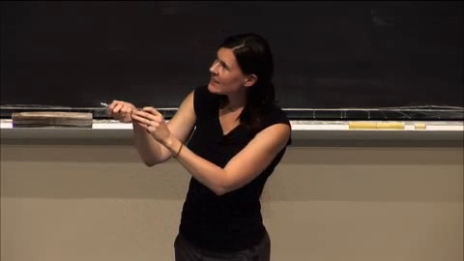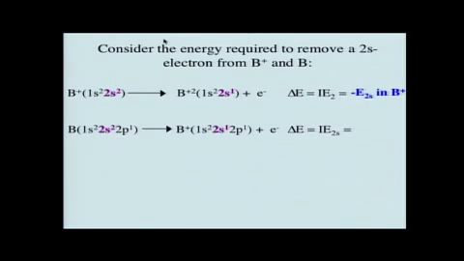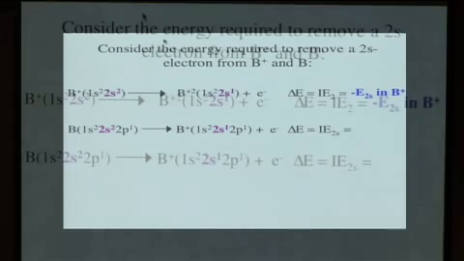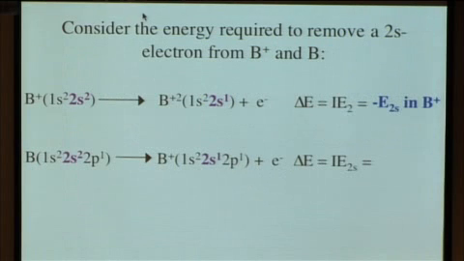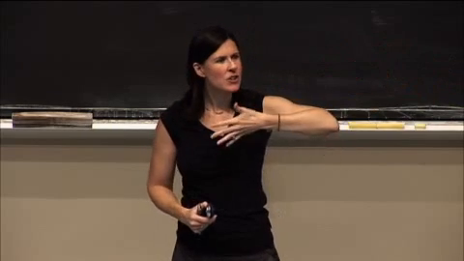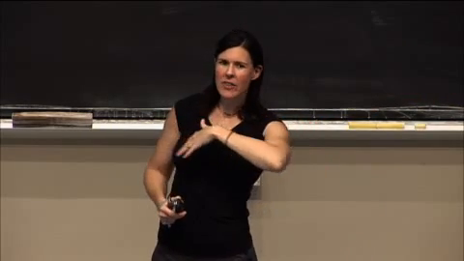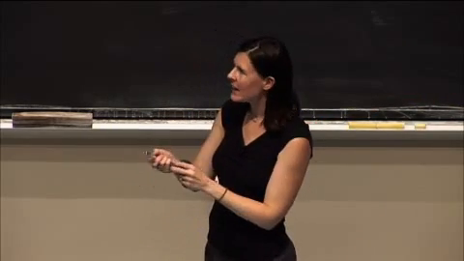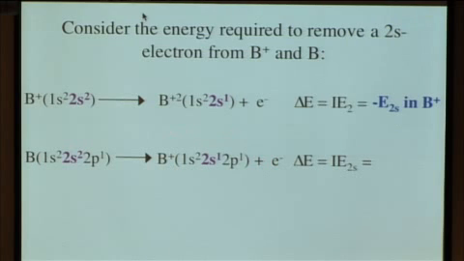And the second case here looks a lot more like what we saw when we were talking about photoelectron spectroscopy, because here we want to remove a 2s electron, but it's actually not the highest occupied orbital. So that's not the one that would naturally come out first, but let's say we're hitting it with high energy light sufficient to knock out all the different electrons, and one that we end up knocking out is this 2s here. So if we think about what that delta energy is, we call that the ionization energy of the 2s.